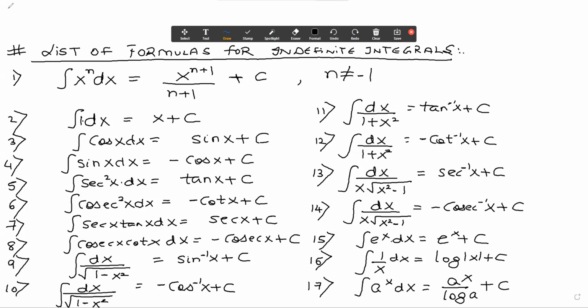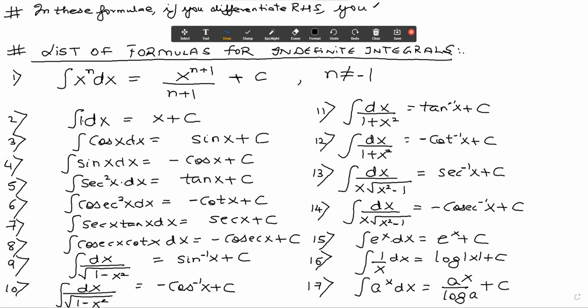So see, in these formulae, if you differentiate the right hand side, you will get back the left hand side.